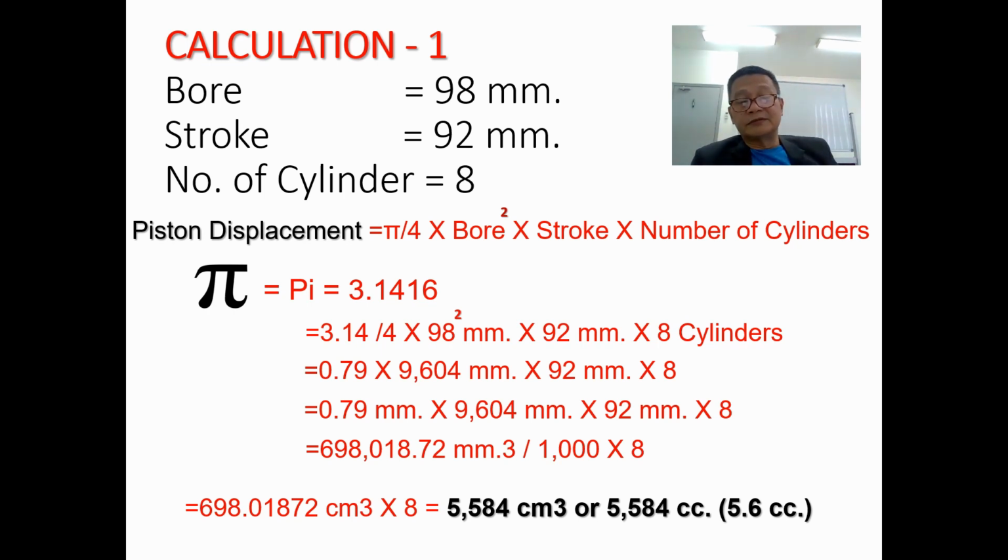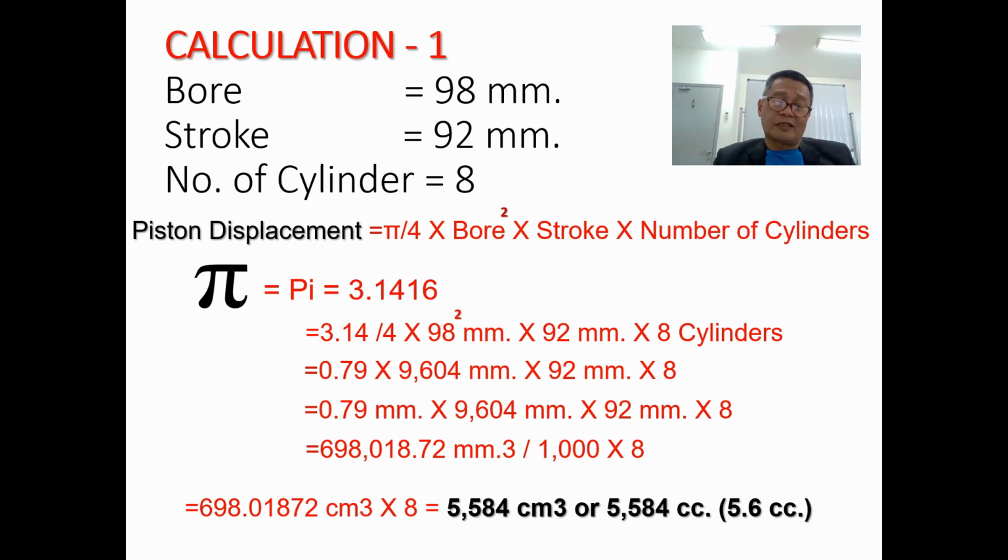An example of calculation is based on the formula of the piston displacement. This symbol represents what we call pi, which is normally 3.1416.